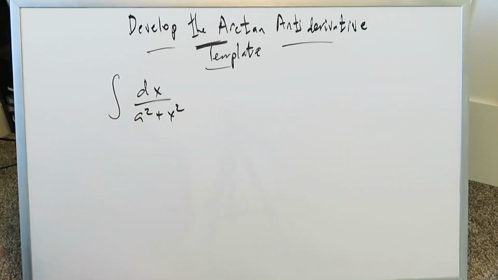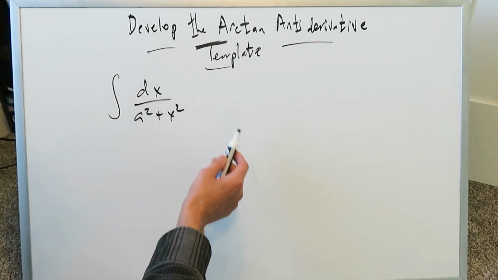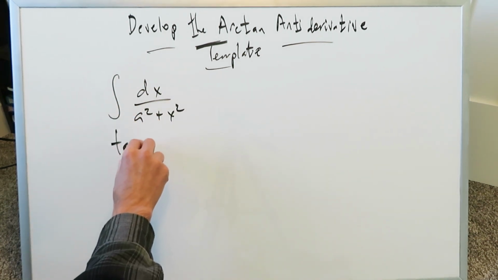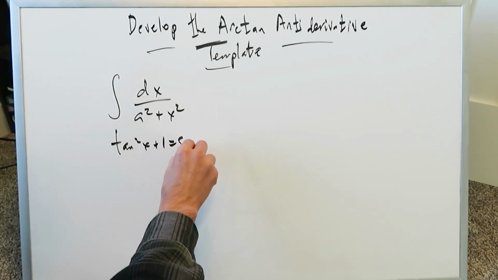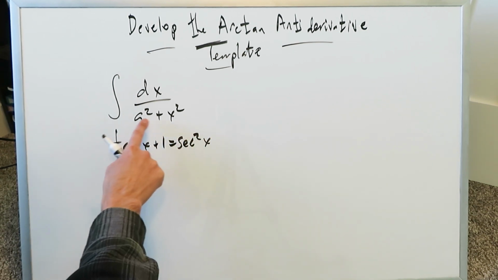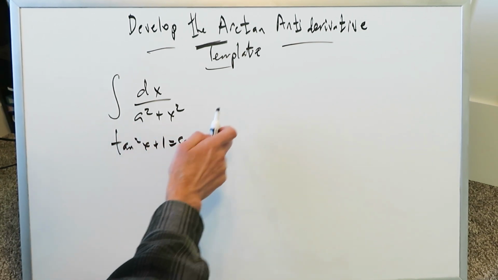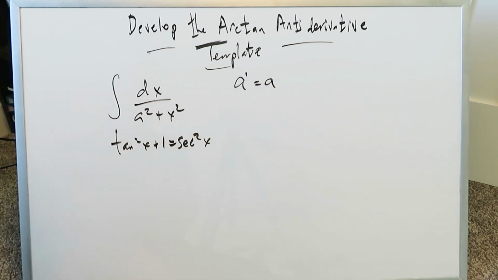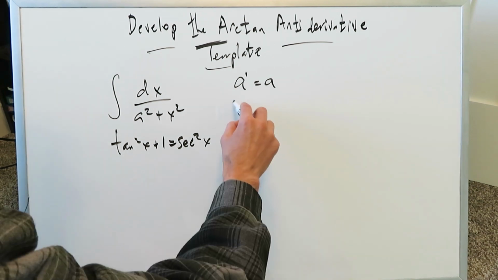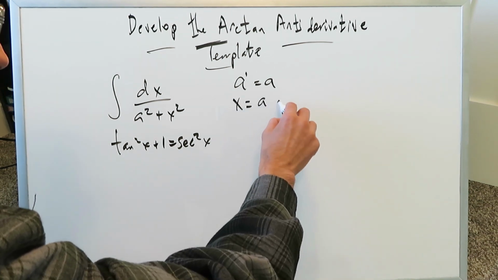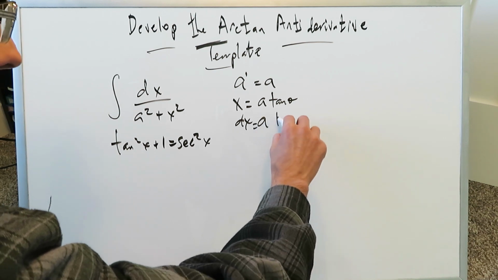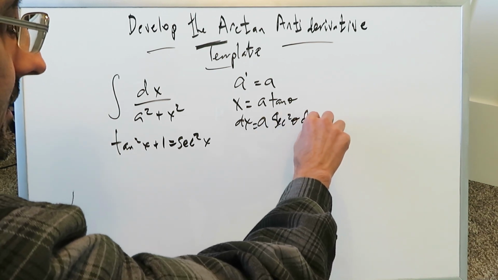How can you go about developing that template? Think about trigonometric substitution, and think about this particular identity, tan squared x plus 1 is equal to secant squared x. You would have some sort of value here which would mimic this in terms of the constant. Then you would have a certain x value which would be a tan theta, and then a certain derivative of that which would be a secant squared theta d theta.